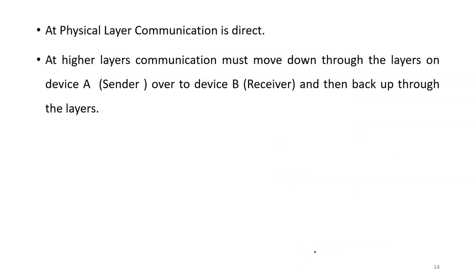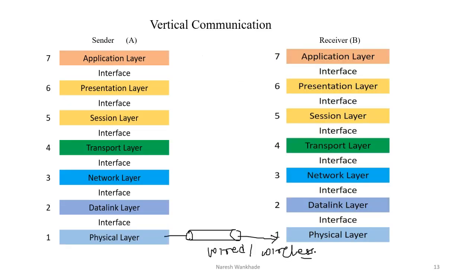At higher layers, communication must move down through the layers on device A, that is sender, over to device B, that is receiver, and then back up through layers at the receiver end. Means at sender side, communication is there from application layer to the physical layer, and physical layer of sender is directly connected with the physical layer of receiver.